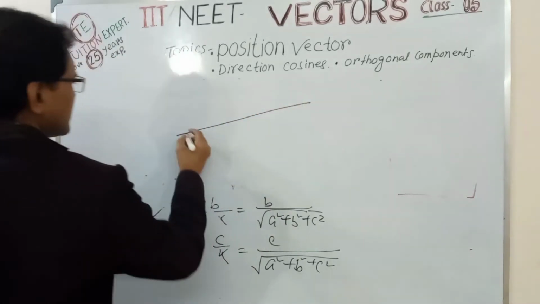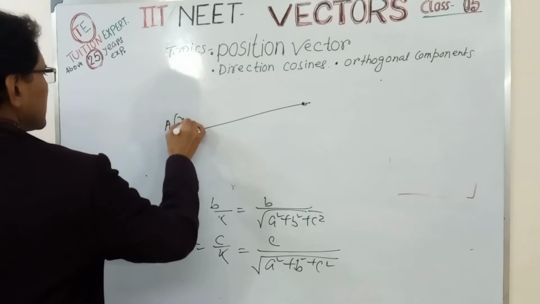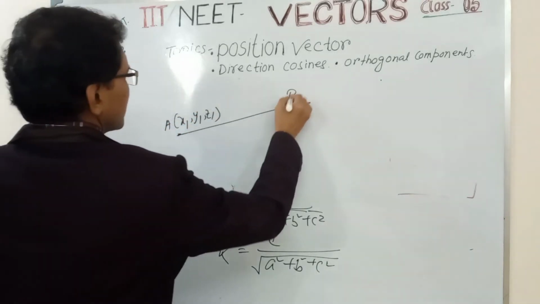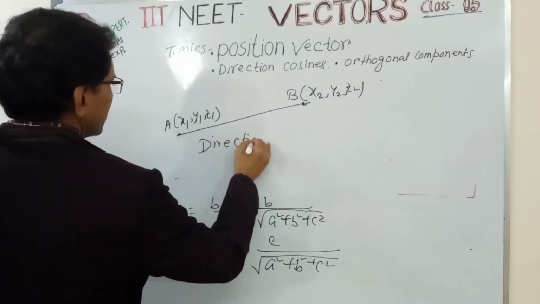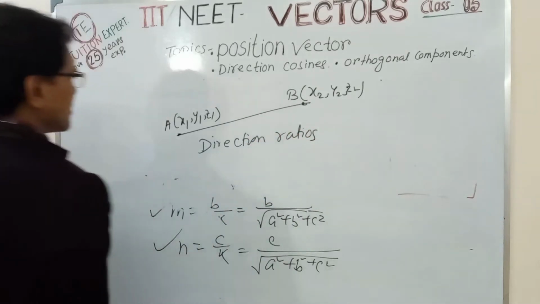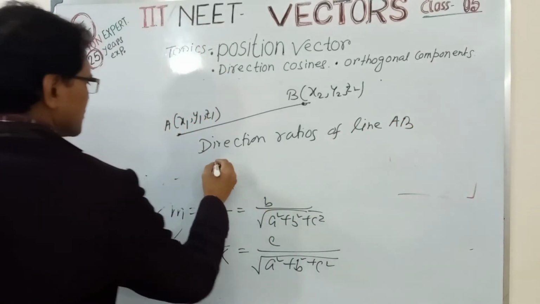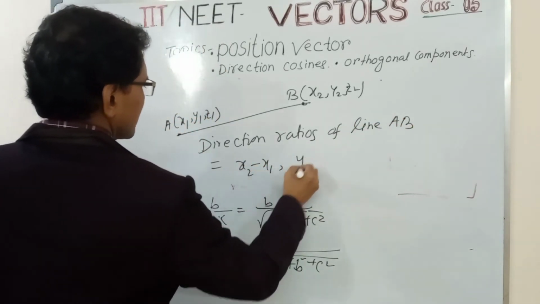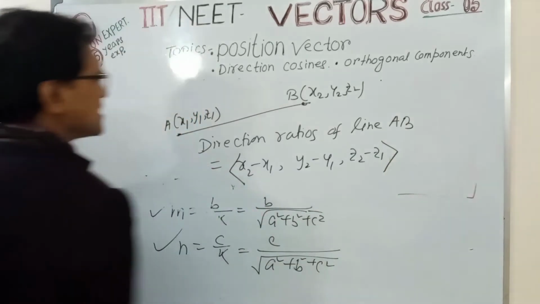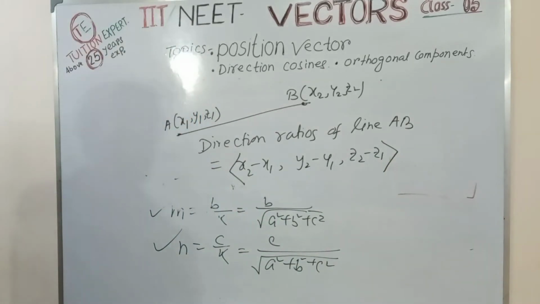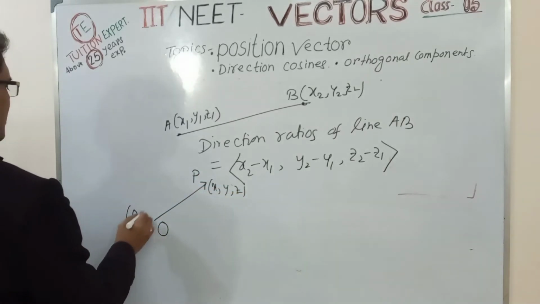Now if a line passes through two points, the direction ratios of line AB will be the differences of their coordinates. Here the coordinate of P is x, y, z and the origin is 0, 0, 0.